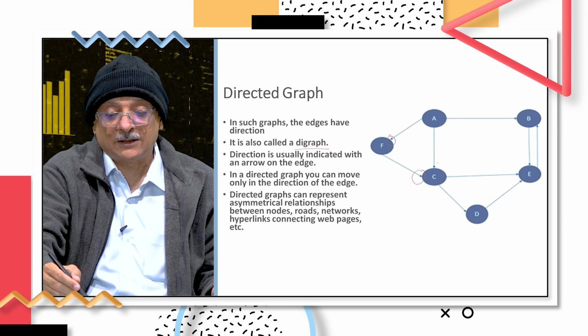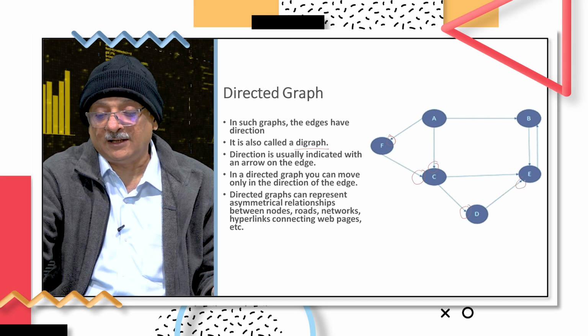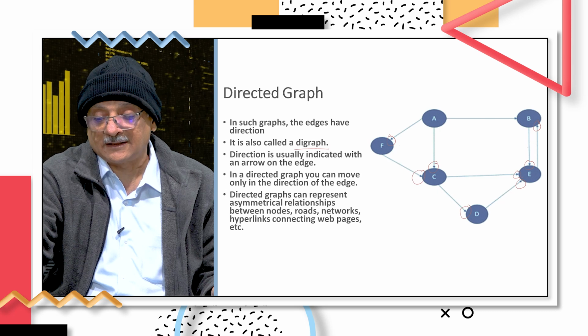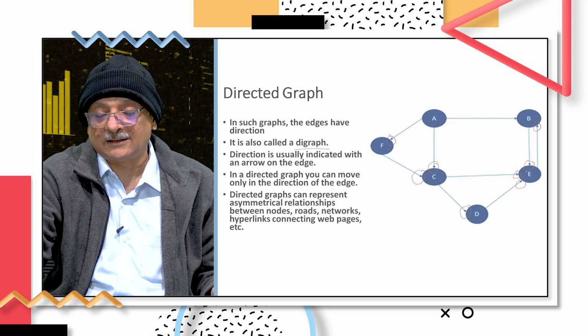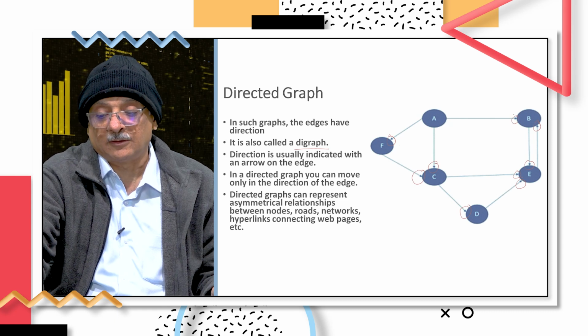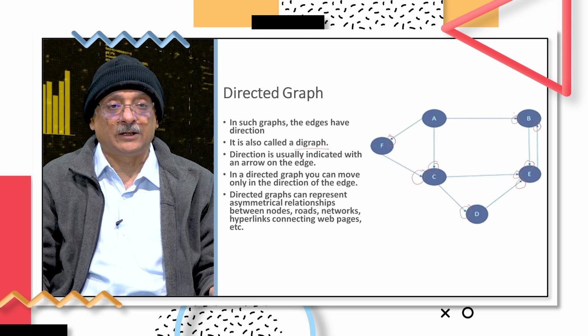Each of these edges has a direction. So, this is not two links in one; from B to E there is one link and from E to B there is another link. That is what a directed graph is in this particular case.